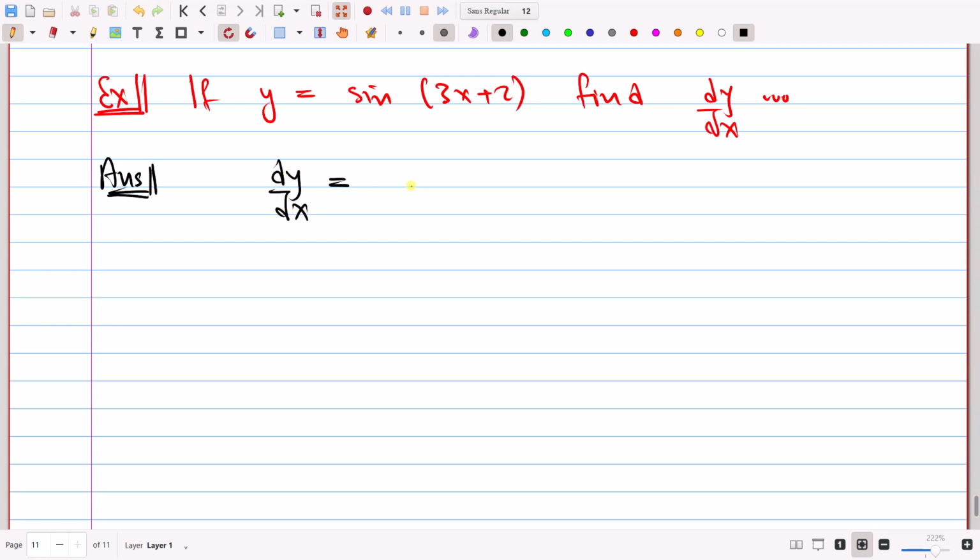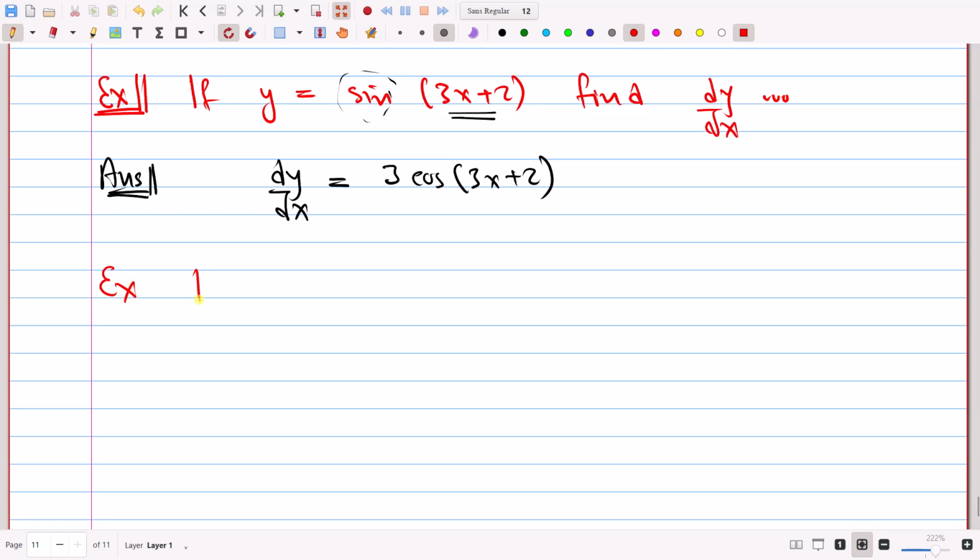Every time you're differentiating any trigonometric function, you start by differentiating the argument. When you differentiate the argument, in this case, you get 3 and you pull it out. Then you move on to the trig function itself and ask, what is the derivative of sine? We know that is cos, so this is just going to be 3 cos of 3x plus 2.